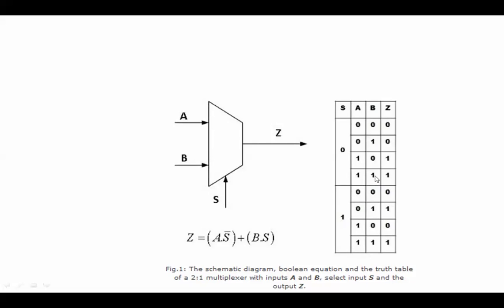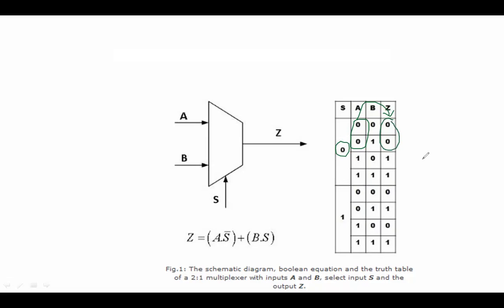When I select 0, only A is getting selected. Whatever is in A comes at your output. My selection here is 0, which means I am selecting only what is in A, so what is in A comes and sits in your output.